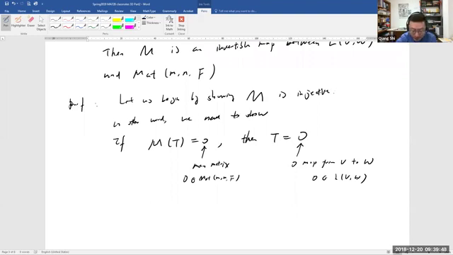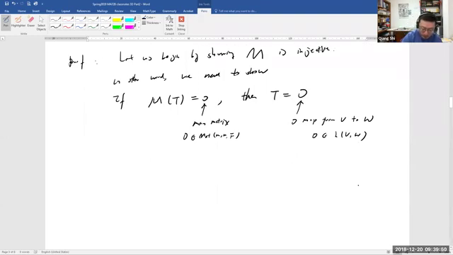Well, the reason is, remember, by the definition of this M(T) with bases v_1 through v_n and w_1 through w_m, how did we actually form that matrix when you pick a linear map T?